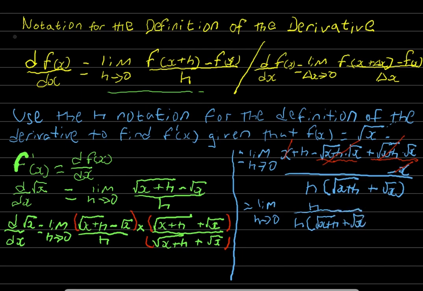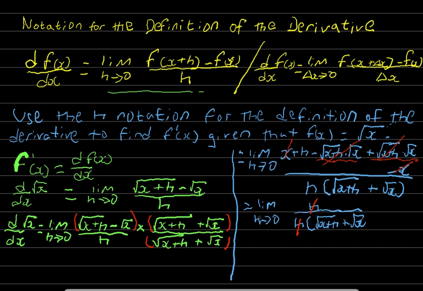Now we can see there is h at the numerator and h in the denominator, so this can also cancel out. So we are left with 1 all over the square root of x plus h plus square root of x.